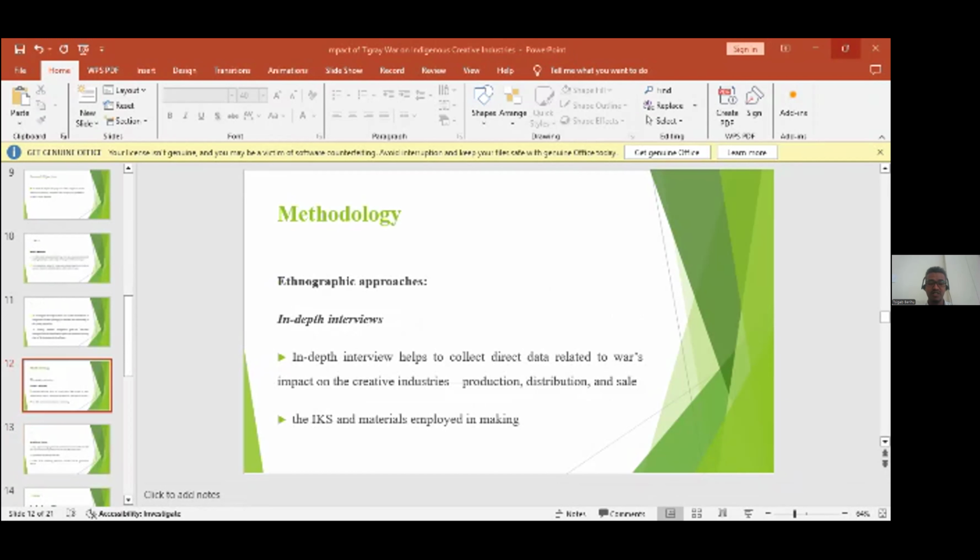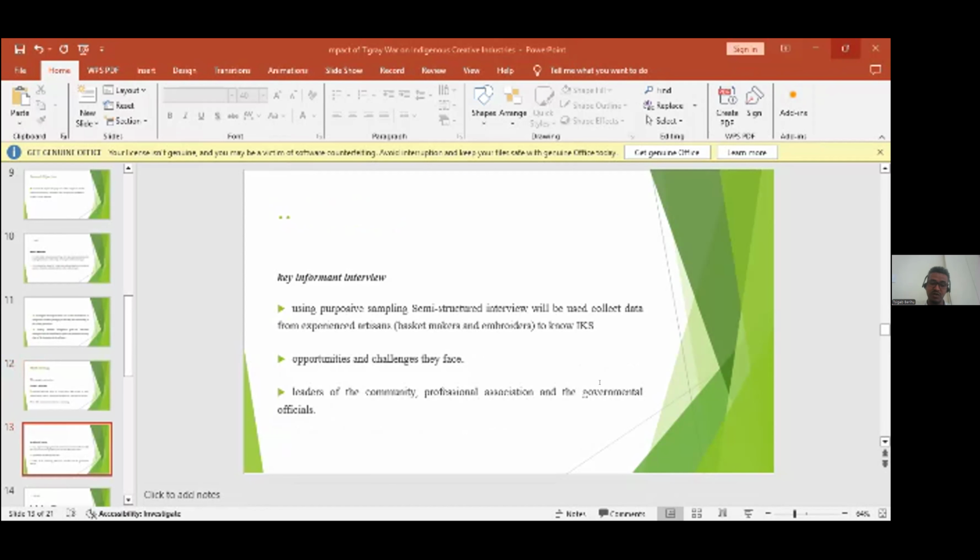So the methodology is an ethnographic approach, and I will use in-depth interviews to find out the impact of the war on the industries, on the production, distribution, and every aspect, and also what kind of indigenous knowledge, materials, and techniques are employed, because every community uses a particular kind of technique and material, and every environment has its own indigenous materials, techniques, and knowledge.